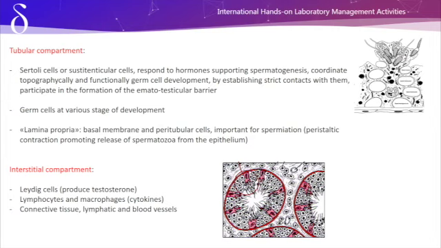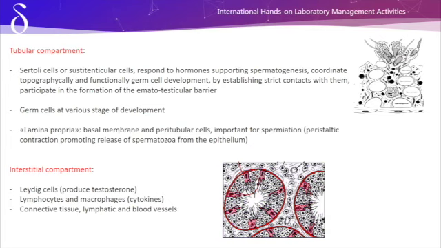Germ cells take strict contacts with Sertoli cells, and the ratio between Sertoli cells and germ cells is already programmed. In the case of men, or human, it is only 4, as we will say also later.